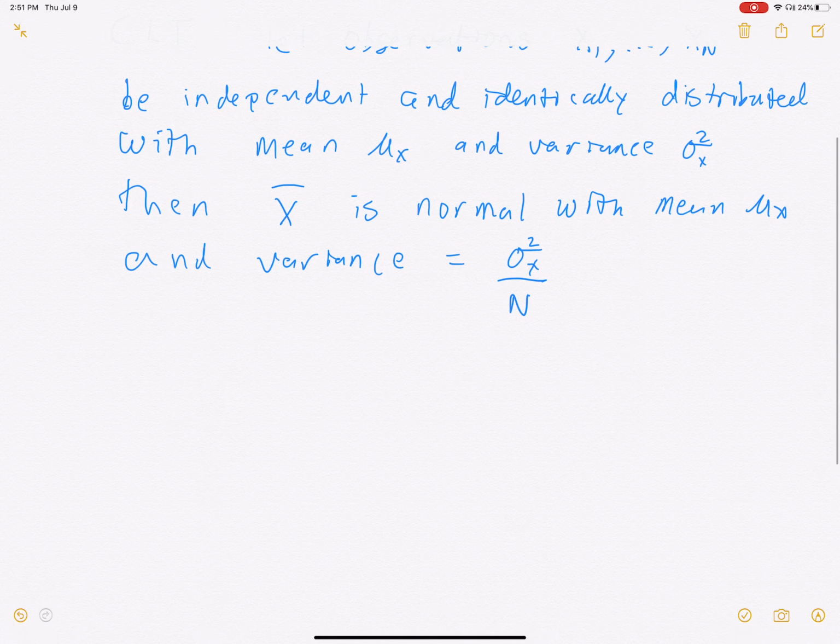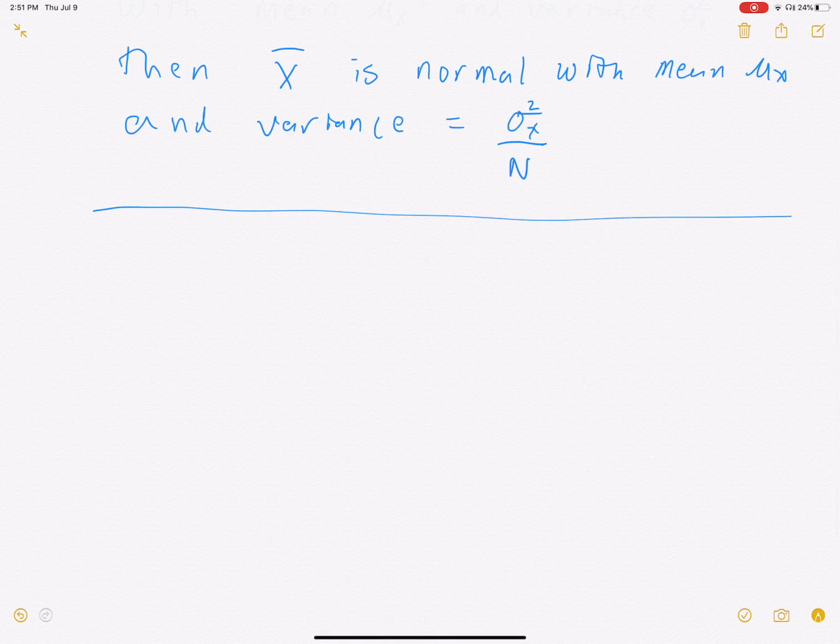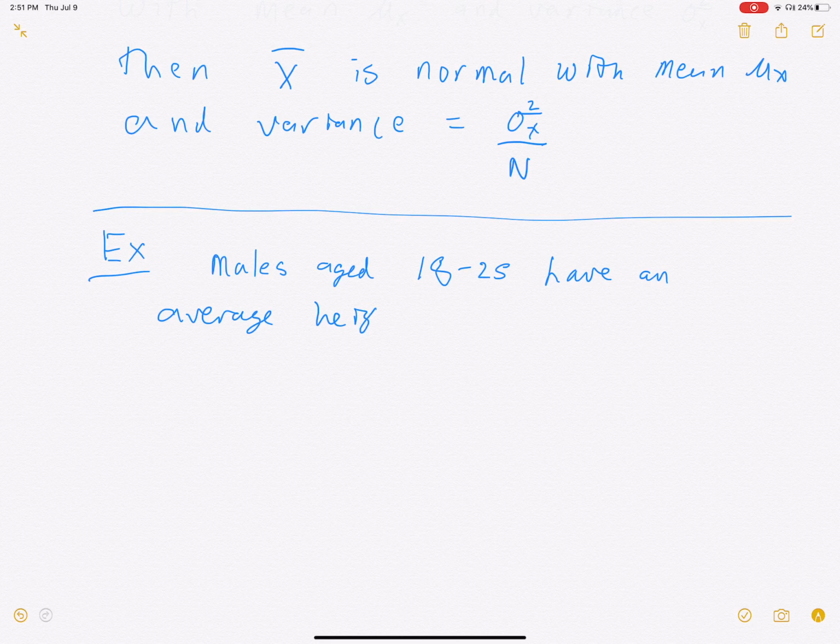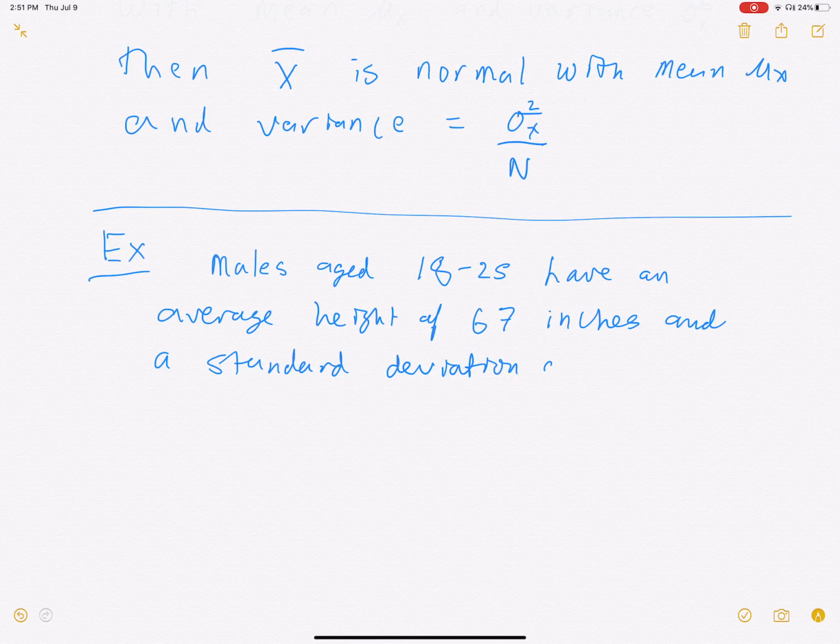Okay, and let's consider this example. Males aged 18 to 25 have an average height of 67 inches and a standard deviation of 4 inches.